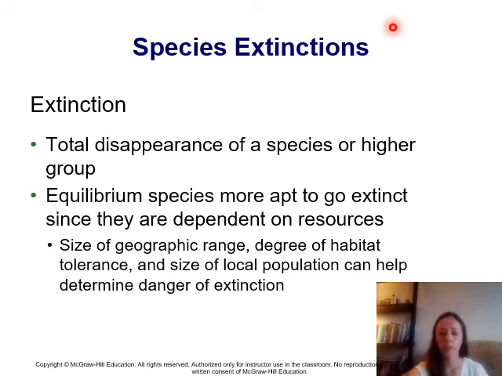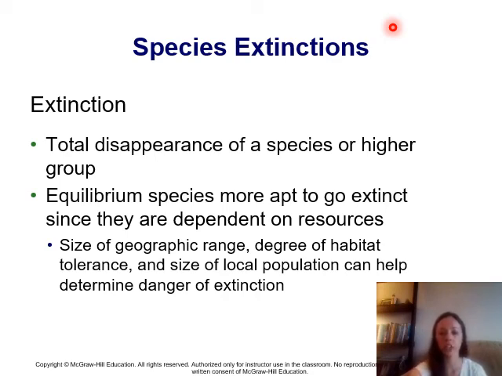For example, a panda bear is not able to tolerate much change in their diet like some other animals will. A panda bear will only eat bamboo versus a raccoon that is more apt to change, or that can tolerate change a lot more, since they can just about eat anything. So a panda bear is more likely to experience a decrease in population than raccoons will.